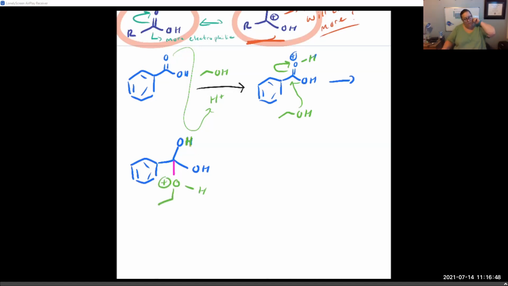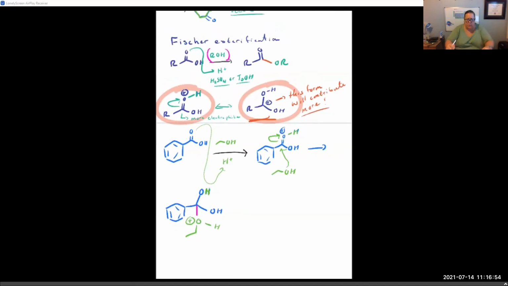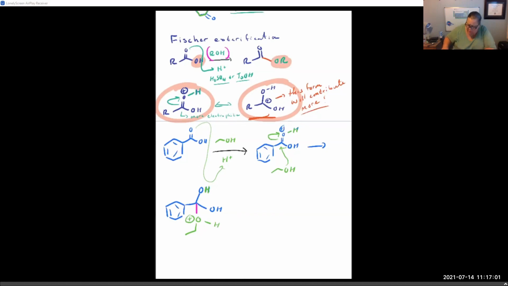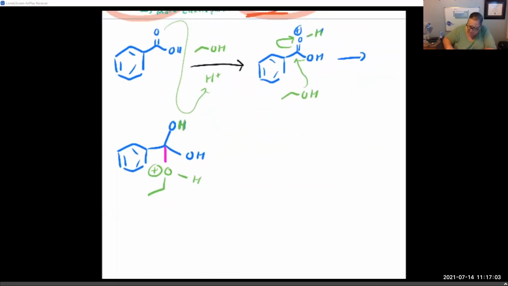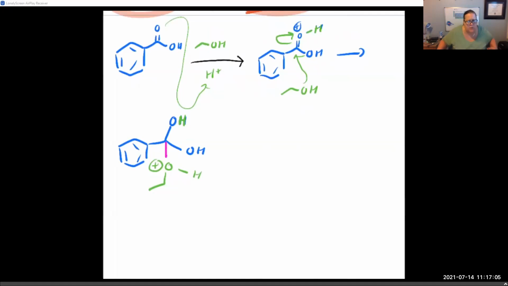All right. What's going to happen here? What do you think? What do I need to do? I need to kick off the OH group and substitute it with the OR group. So I've got to get rid of my blue OH. How do I get rid of the blue OH?